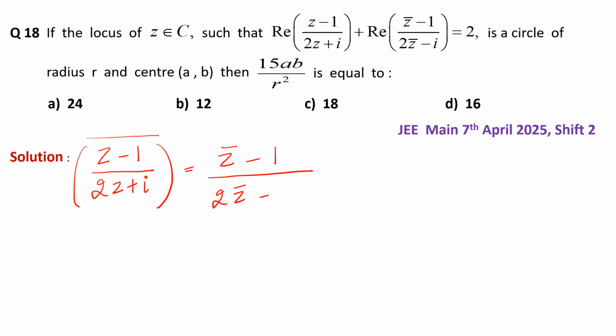Now iota bar is minus iota, right? So from here, what do we get? We get that this complex number and this complex number, both of them are conjugates of each other.